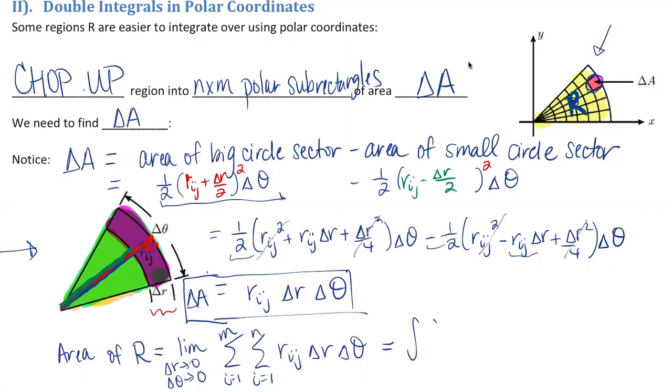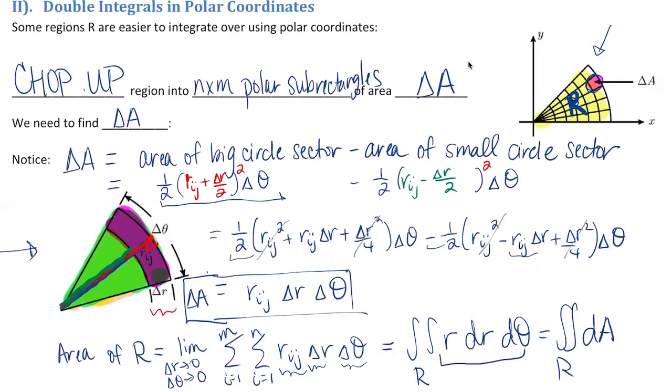We can recognize this, oh, we can write this as a double integral over my region R. And my integrand now is just going to become r from this piece. This delta r will become dr in this notation, and this will become d theta. Okay, so a key thing to realize is this is the same as just finding the area, which means in polar coordinates, dA is just r dr d theta.